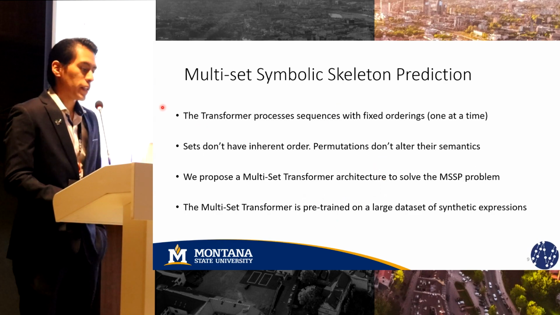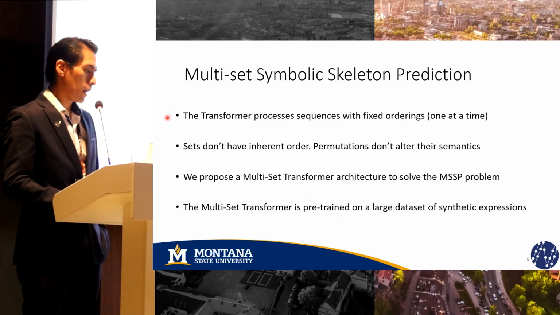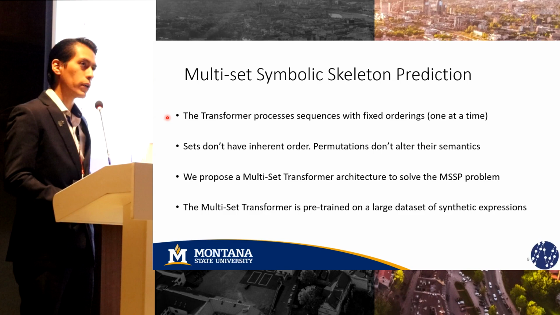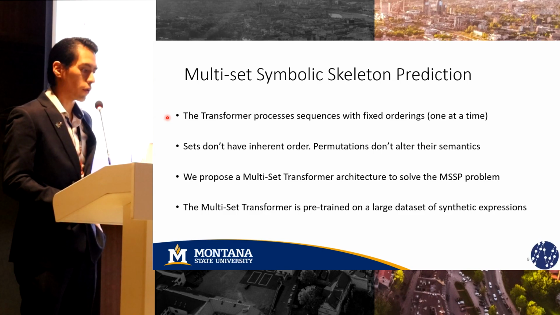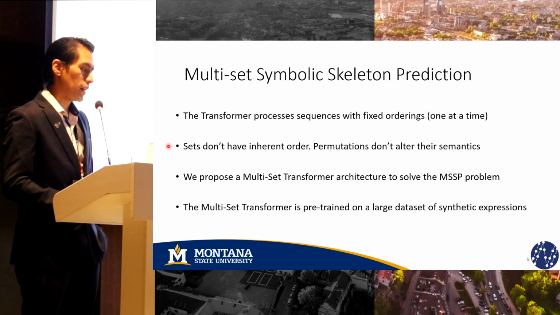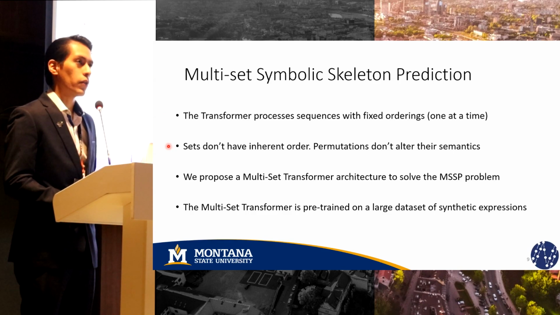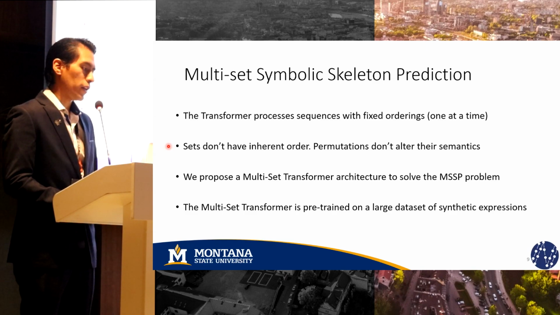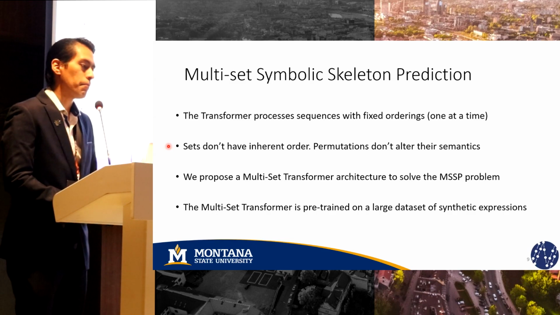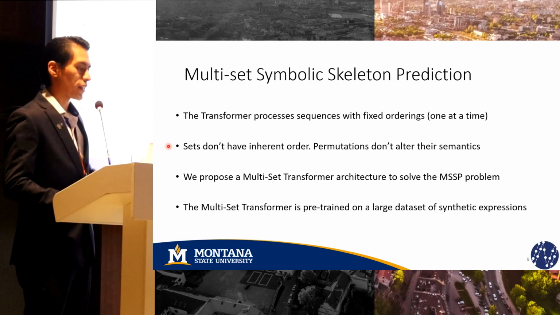So to solve this problem, we can't use a standard transformer because they were designed to process sequences with fixed orderings, and that is not the case for sets. In the case of sets, if you permute their elements, the semantics remain the same. Now, there's a model called Set Transformer, but that was designed to process one set at a time, and in this case, we're using multiple sets at a time.